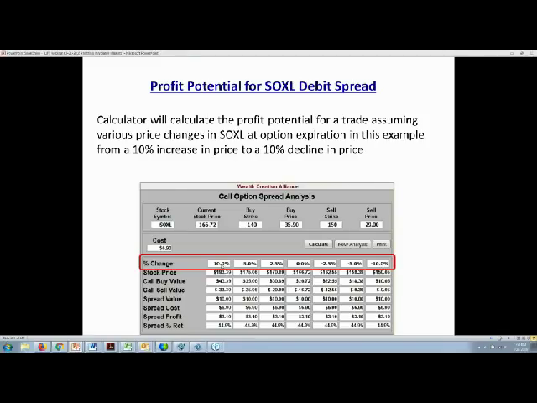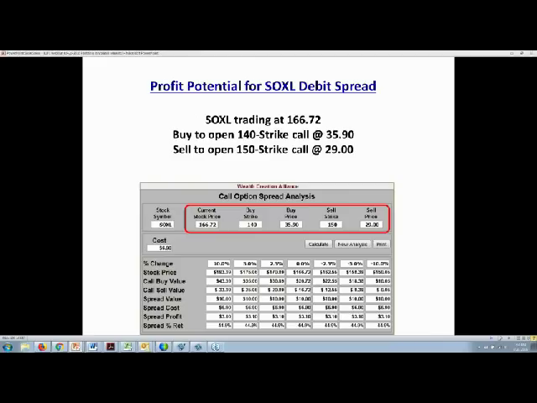These inputs are variable, so you can input whatever you want in here to see the profit potential for a stock. In this example, we're assuming a 10% increase in the stock price in this column and a 10% decrease in the stock price in this column. So it'll calculate the profit potential based on the closing price of the stock at option expiration.